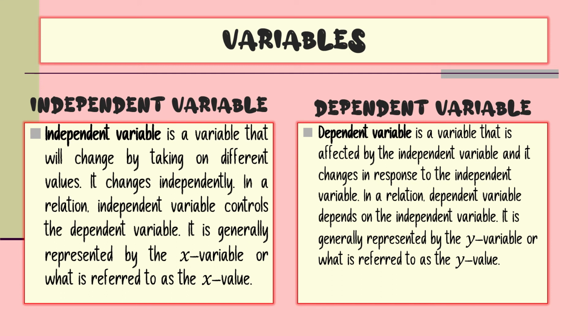It is generally represented by the x variable or what is referred to as the x value. While the dependent variable is a variable that is affected by the independent variable and it changes in response to the independent variable. In a relation, the dependent variable depends on the independent variable. It is generally represented by the y variable or what is referred to as the y value.